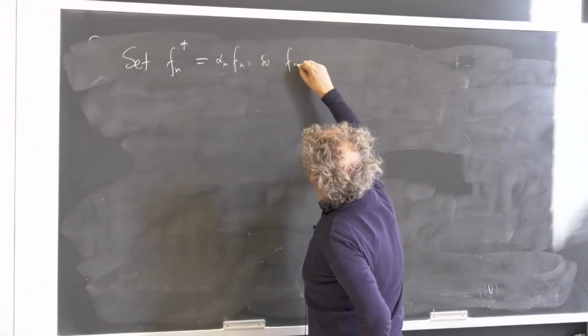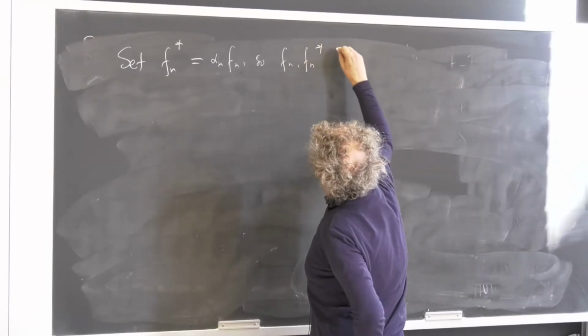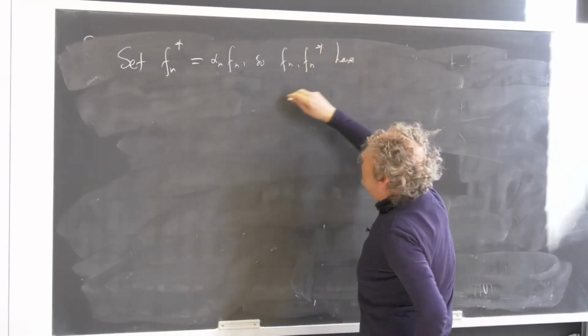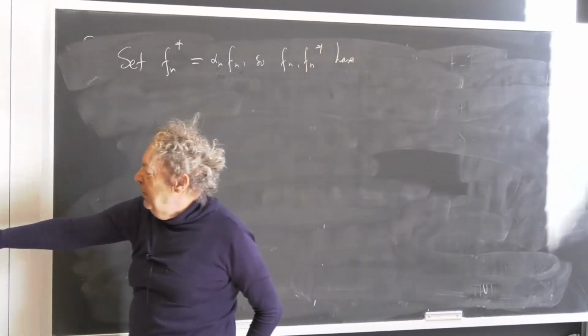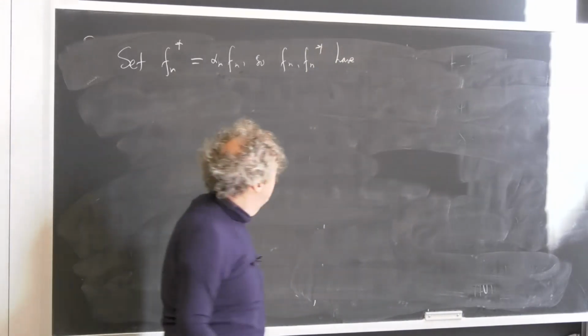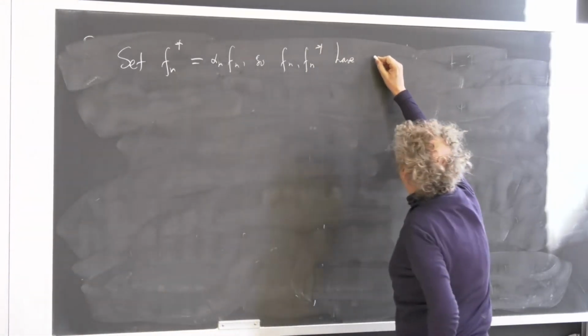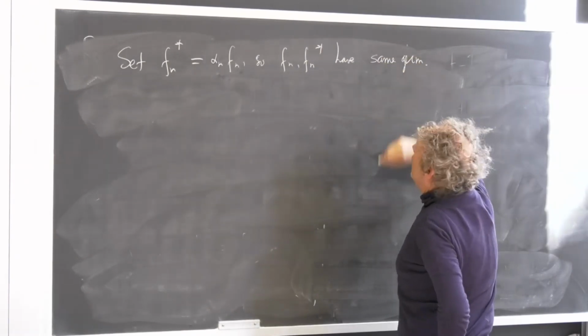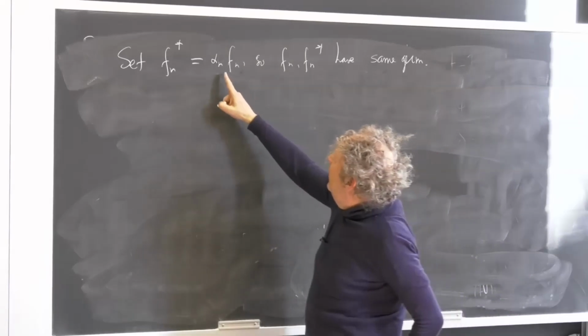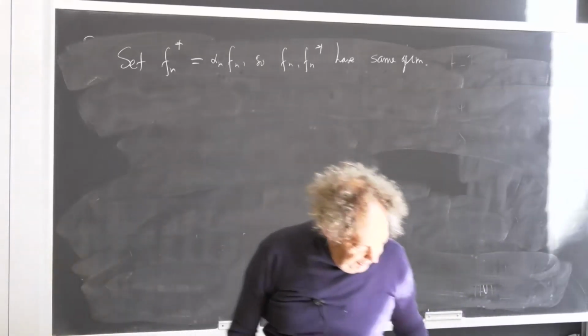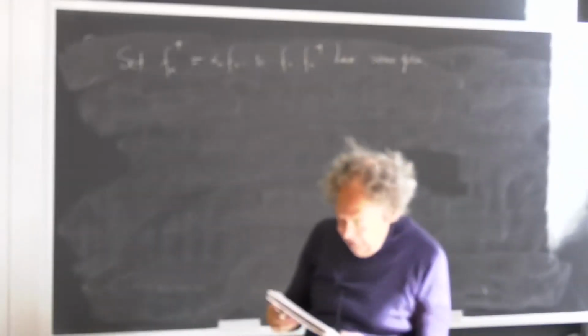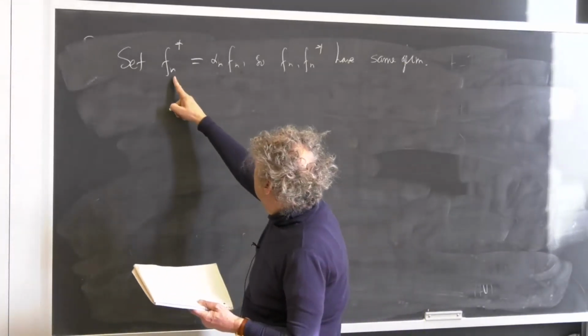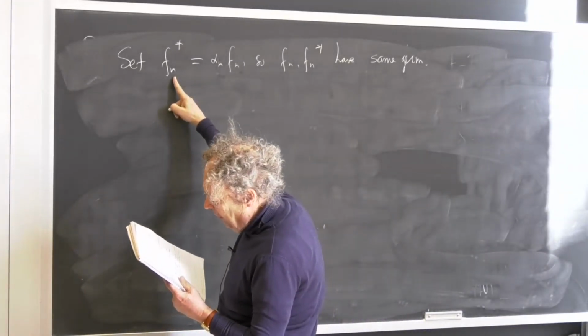So fn star has the same germ, because alpha n will ultimately be equal to 1.